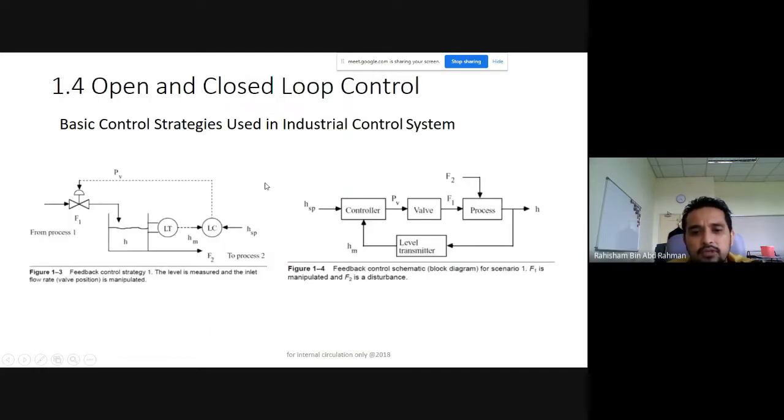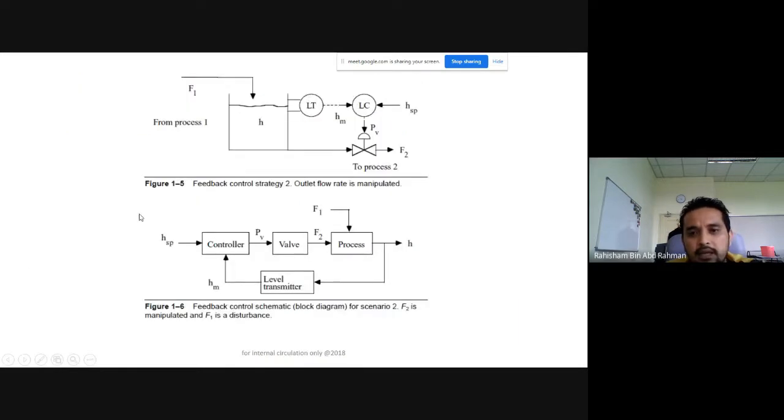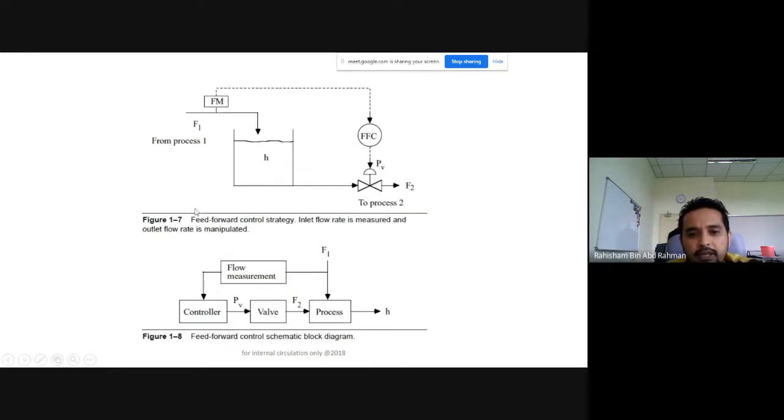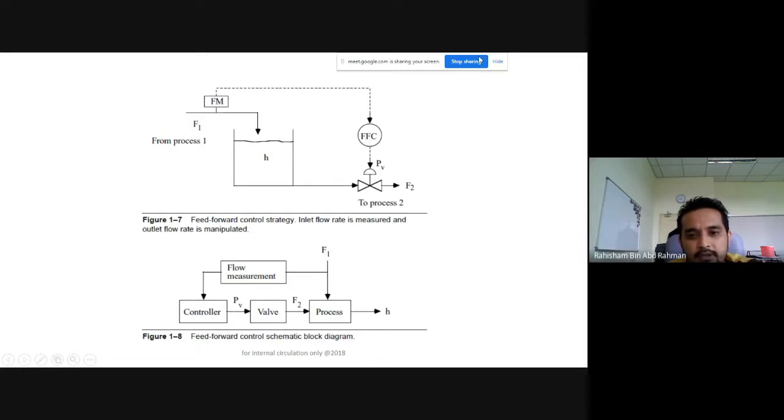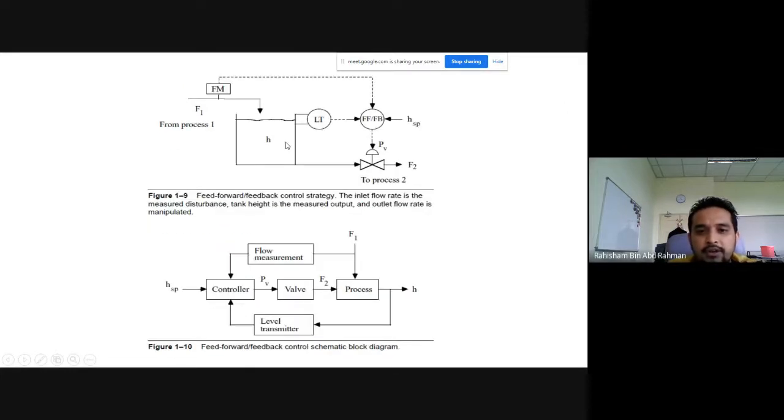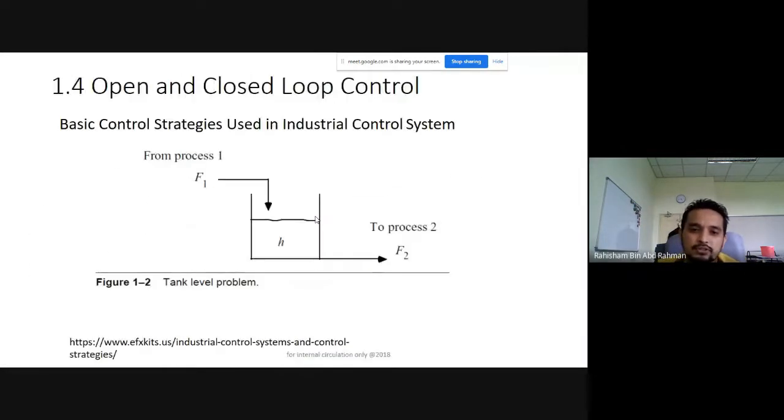One feeds back to the input, and the other feeds back to process 2. They just control process 2. And this is the feed forward control strategy. Feedback and feed forward, there are various strategies that can be used for this simple problem.